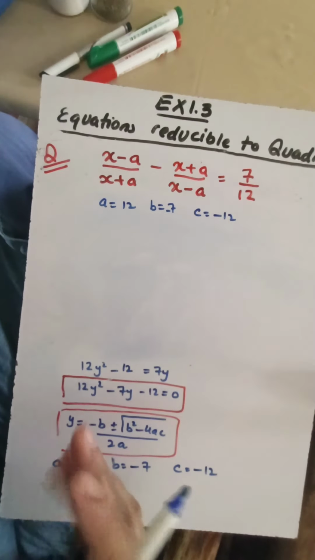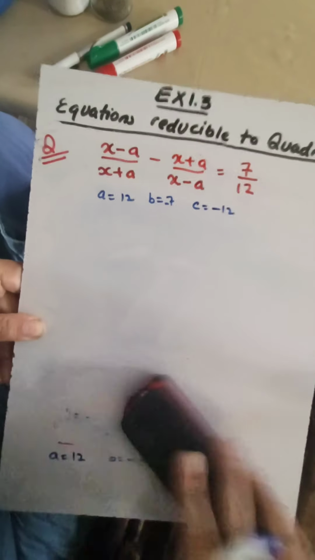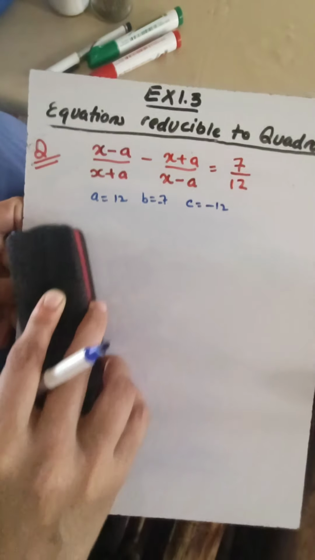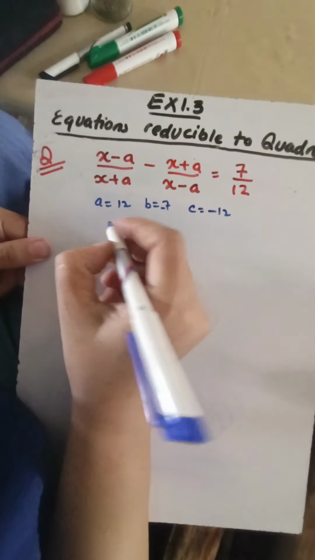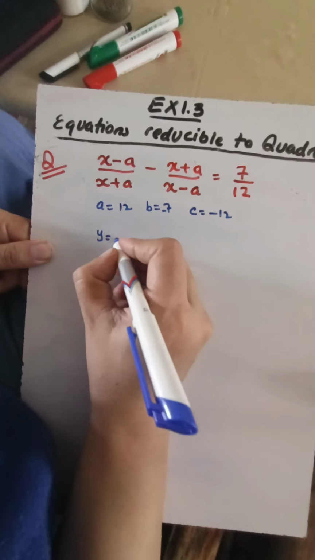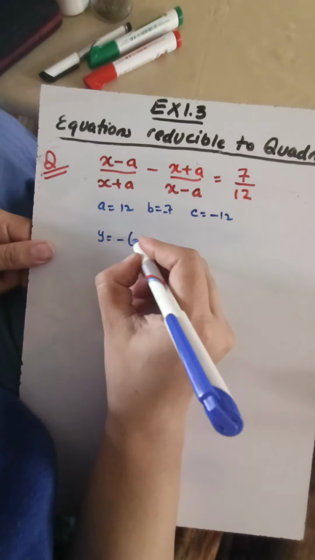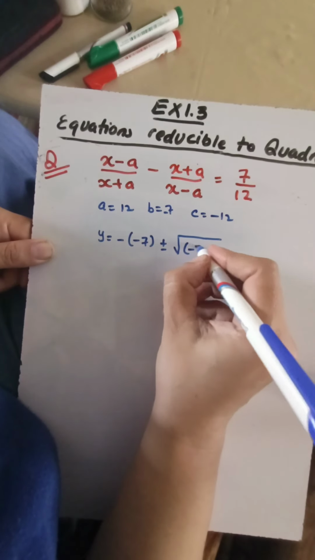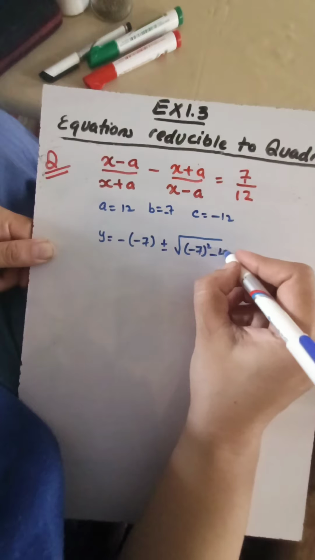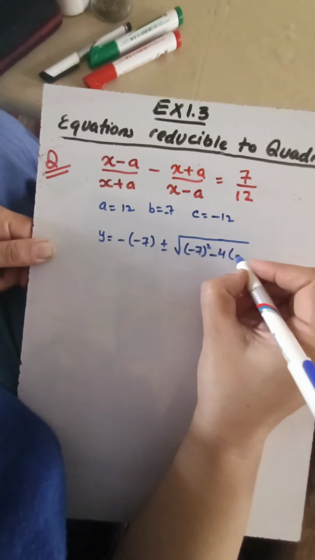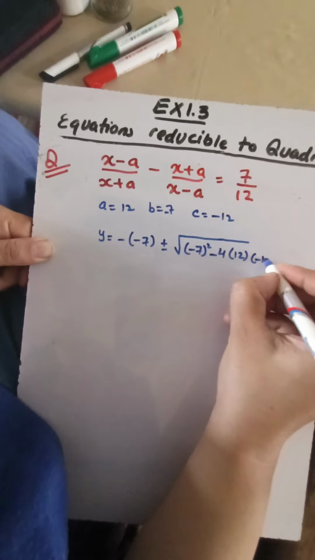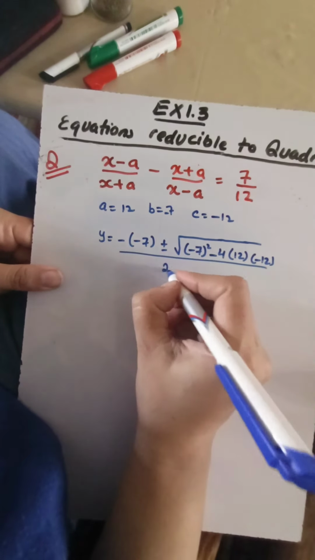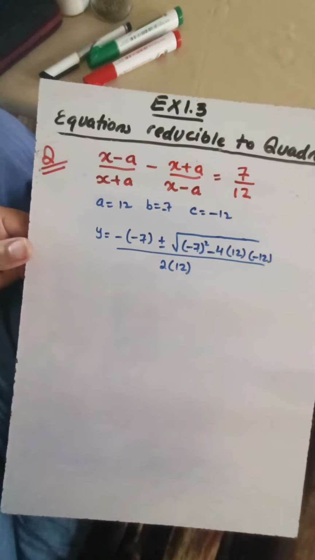Now by putting these values in the quadratic formula, what I get is y is equal to negative of b, means negative of negative 7, plus minus square root of b square, means negative 7 whole square, minus 4 a into c, over 2 into 12.